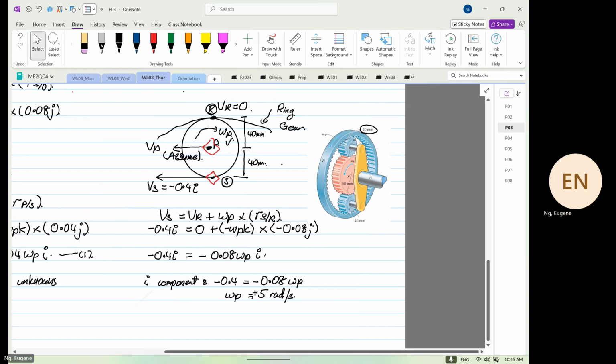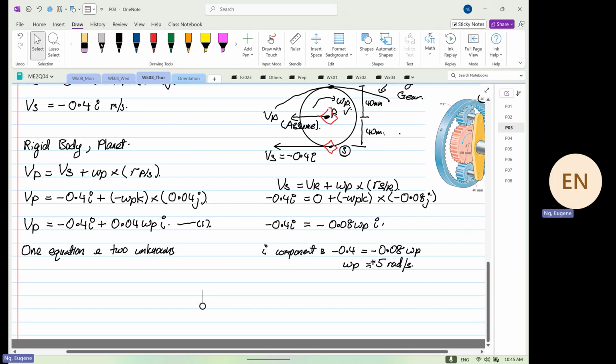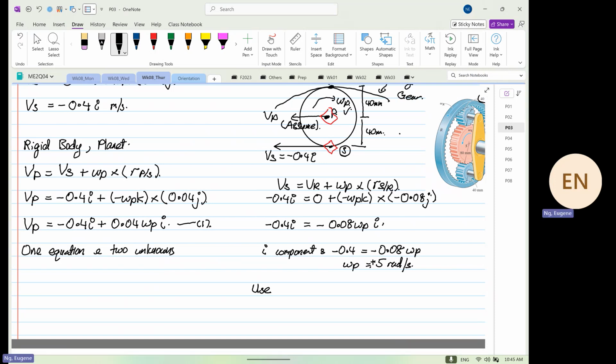So now, knowing all of that, we are going to use equation number 1.